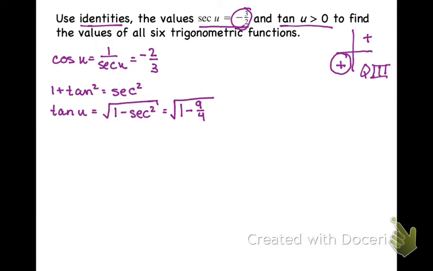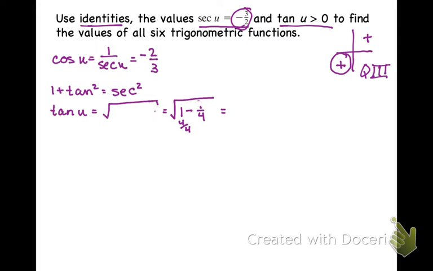Okay, so now I need to get common denominators. So 1 is going to be what? 4 over 4. So I'm going to get 4 minus 9. I wrote that wrong. This is not right.